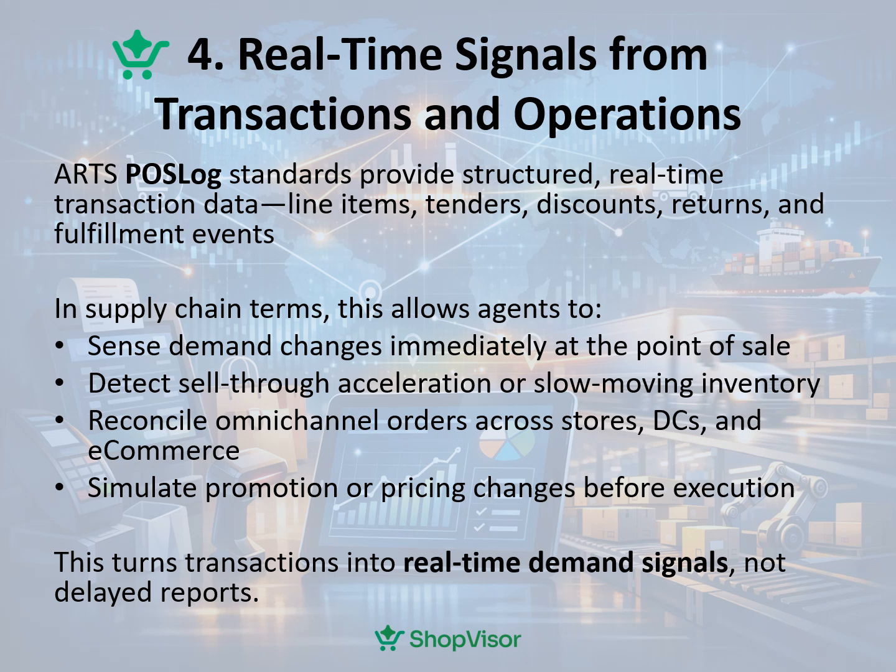In supply chain terms, this allows agents to sense demand changes immediately at the point of sale, detect sell-through acceleration or slow-moving inventory, reconcile omni-channel orders across stores, distribution centers, and e-commerce, and simulate promotion or pricing changes before execution. This turns transactions into real-time demand signals, not delayed reports.